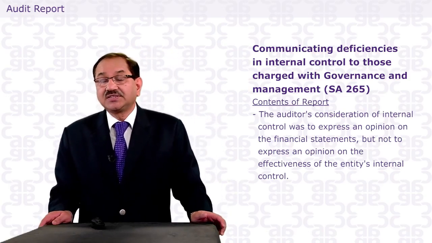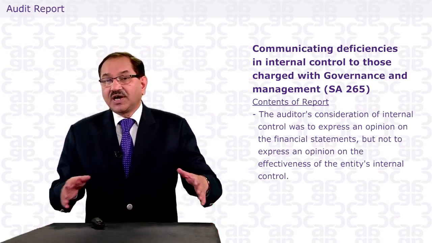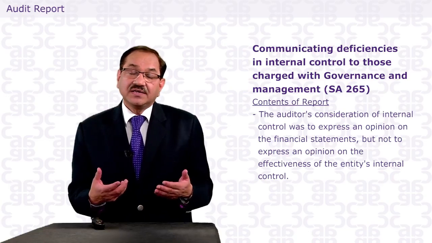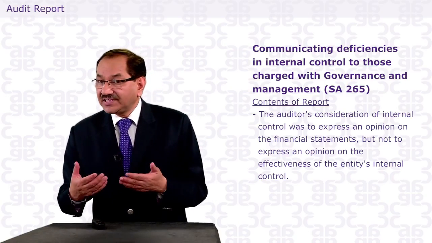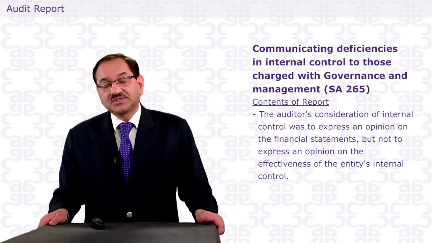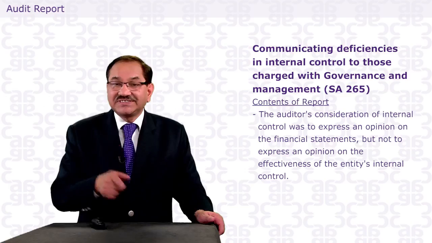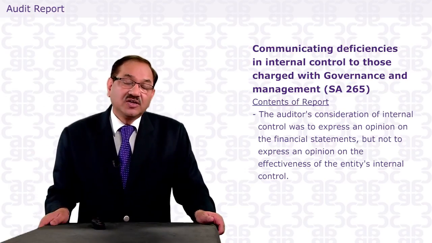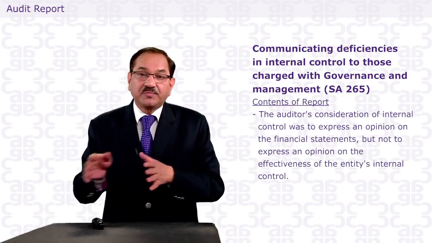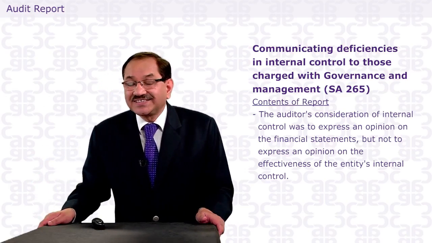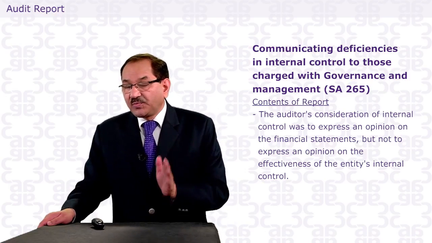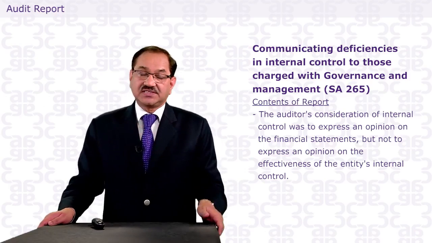But nevertheless, because our standards on auditing are designed in such a way that ultimately they have to be effective, the outsiders or insiders must rely on our reports. In spite of the fact that we are not doing the audit to test internal control for its effectiveness, we are reporting on the true and fairness of the financial statements.